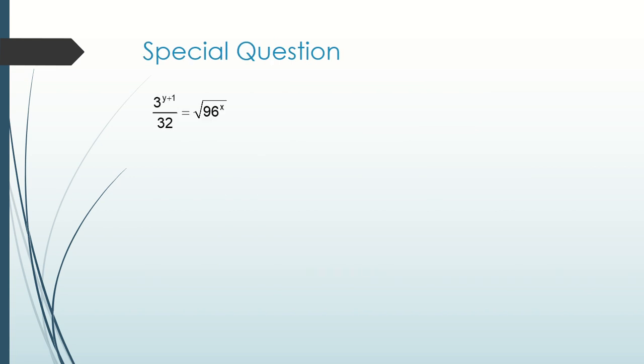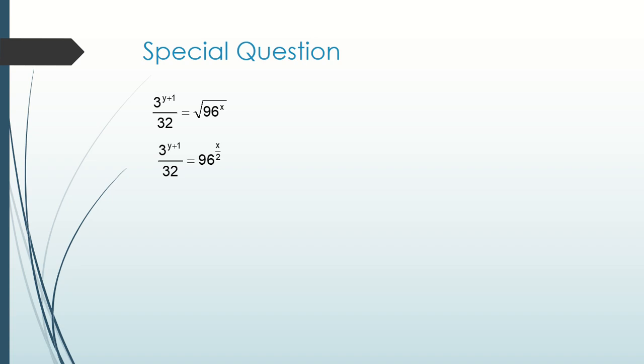Your special question is this one. 3 to the power y plus 1 over 32 equals the square root of 96 to the power x. Now roots and powers and exponents, they work hand in hand. So what we can do here is, if you have a root, you can also express it, because this is a square root, as power half.